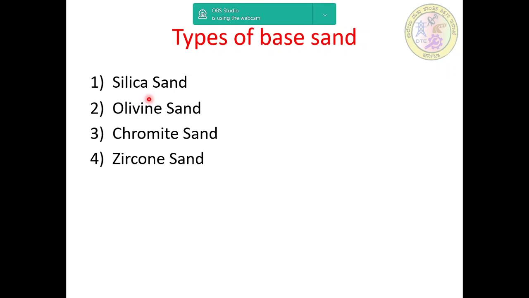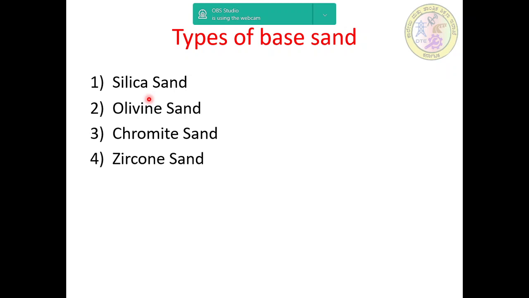Silica sand is available in plenty, less expensive, and possesses some favorable properties, but its high thermal expansion leads to certain casting defects. That is the reason it is not used in steel foundries.